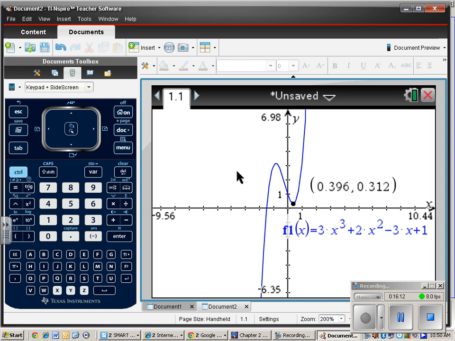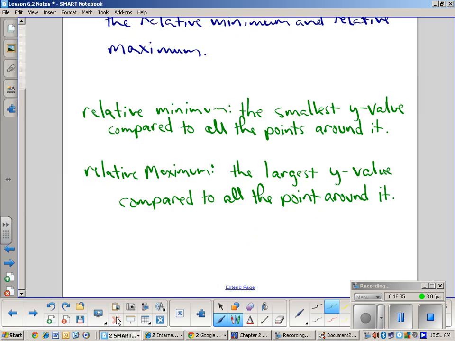So what is my relative minimum? Some of you struggled with this on the test. When we were looking for minimums and maximums, you were confused on what it meant. Looking at that ordered pair, what is my relative minimum? Let's go back for a second.